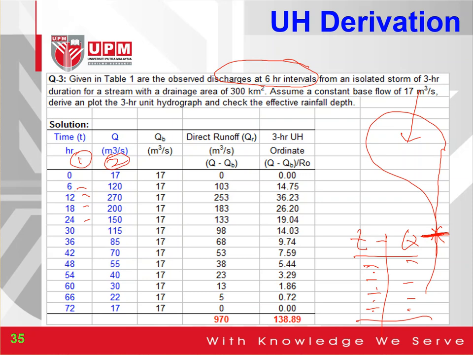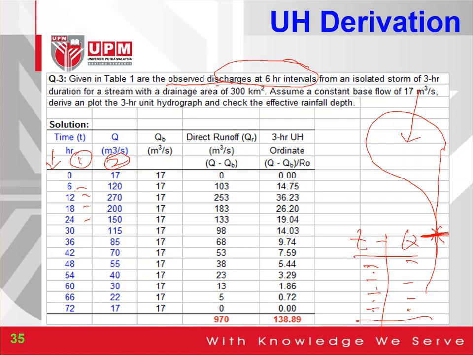This is just the interval at which we record the data. This is called observed discharge. This interval we put in the first column, and this is the Q data observed at this point.